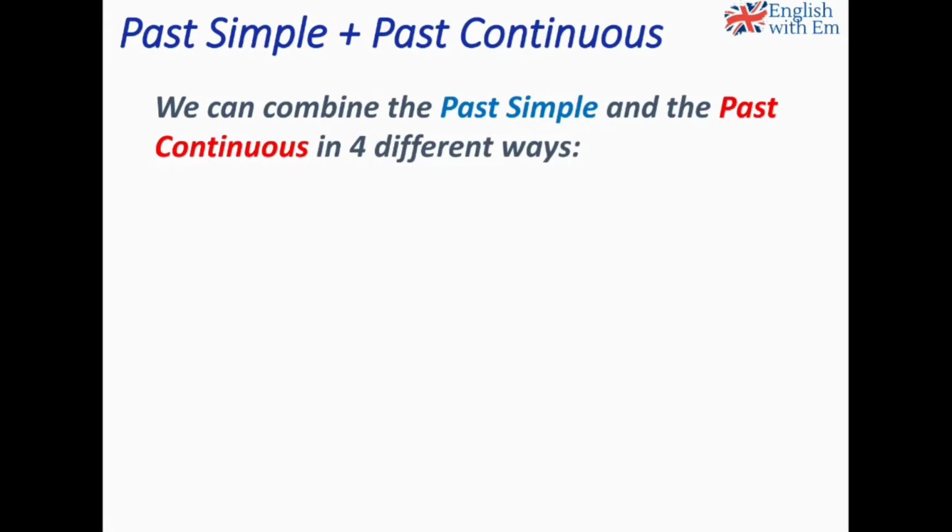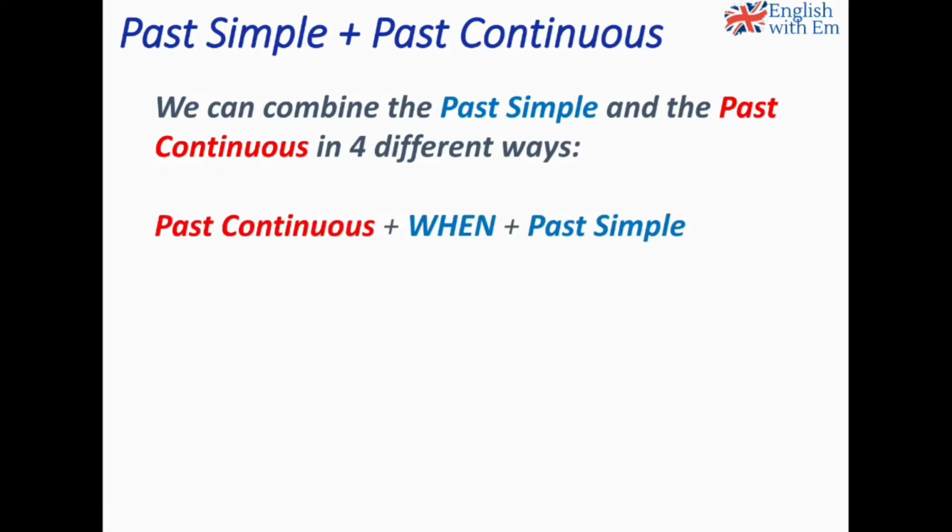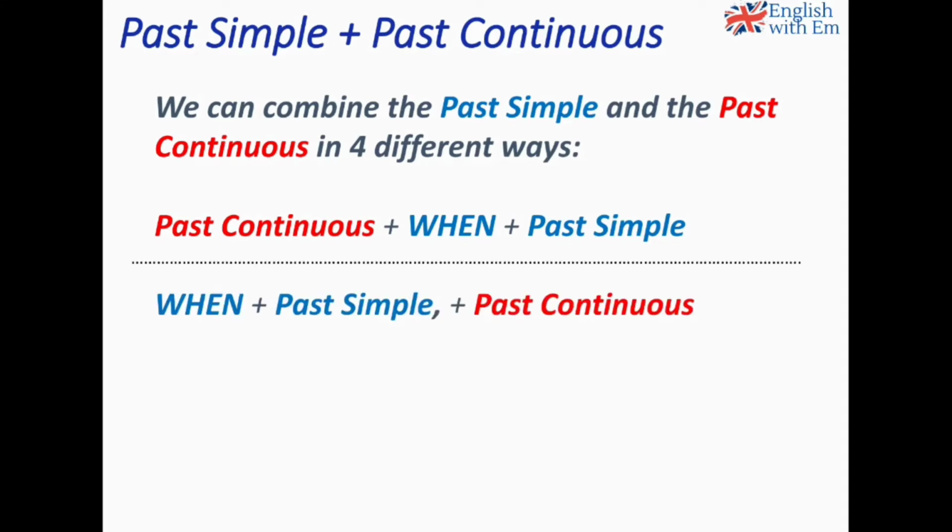We can combine the past simple and the past continuous in 4 different ways. We can start with the past continuous and then introduce the past simple with when. We can reverse that and start with when plus past simple and then the past continuous. If we do this, we need to use a comma.